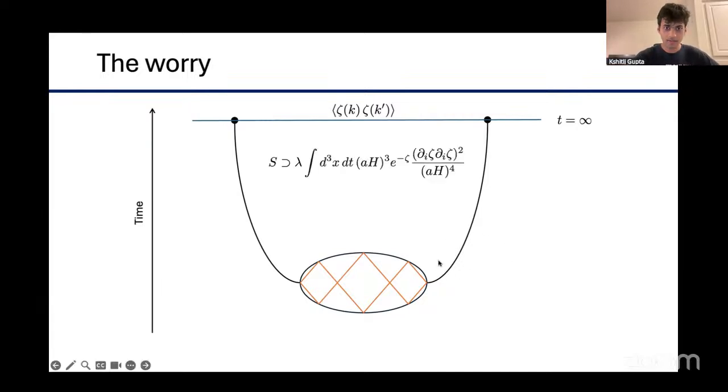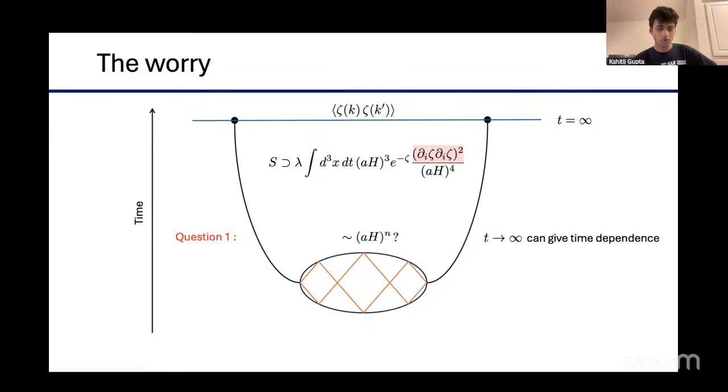Now remember that the metric was e to the 2 zeta. So in general, you'll have derivatives of the metric in the action. So you'll have a bunch of e to the zetas in the action, and you'll have derivatives of zetas as well in the action. And you'll also have some powers of aH, or a essentially.